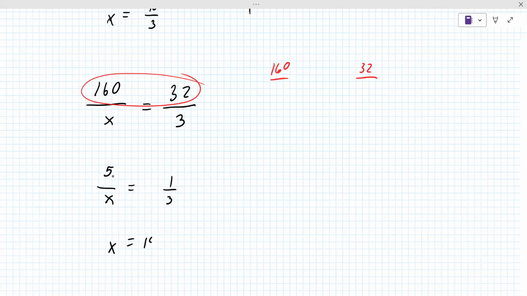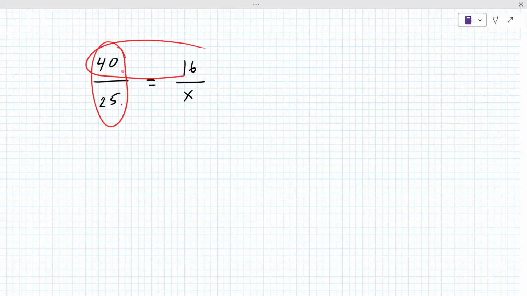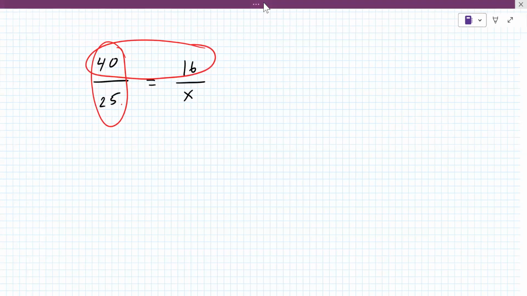And you might not notice that from the start. So you can also, again, go like, let's pick some, let's go 40 over 25 equals 16 over x. Okay. So here you can actually pre-reduce this way and this way before you might start multiplying. All right, so I do 40 over 20.